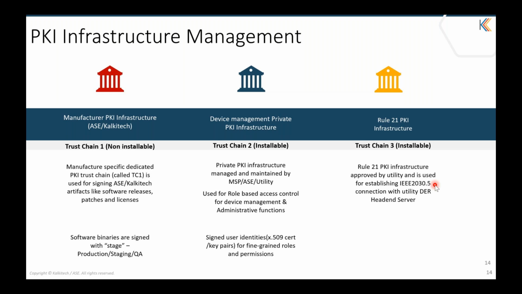In addition, if a utility prefers to have their own private CA, then the installable Trust Chain 3 option helps in installing the utility-specific certificate and using it for the 2030.5 communication. So both the utility-defined or the standard SunSpec certificate can be used in the gateway. That's the flexibility on that side as well.